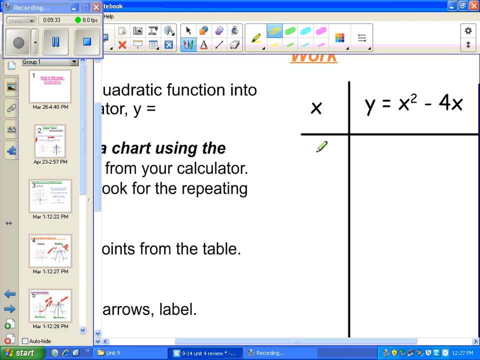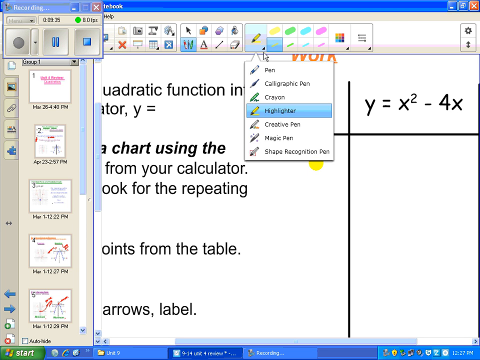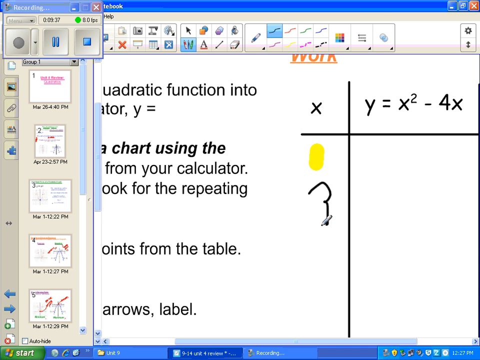So I have the point 3, whoops, I'm on the wrong pen, 3. And then I have 4, 5, and then I'm going to also put in some negatives. So let me move these down actually.